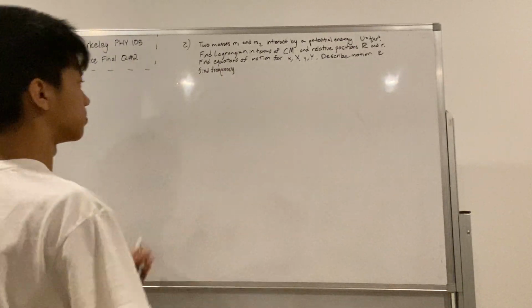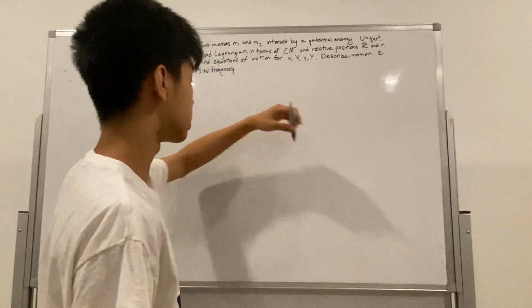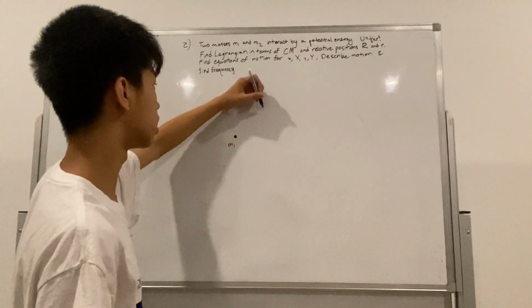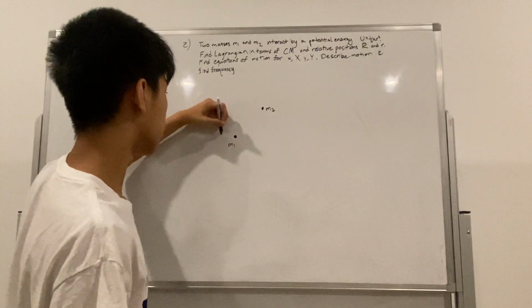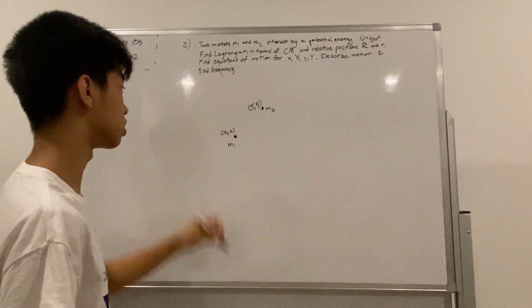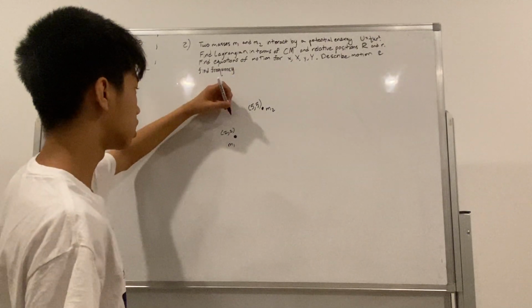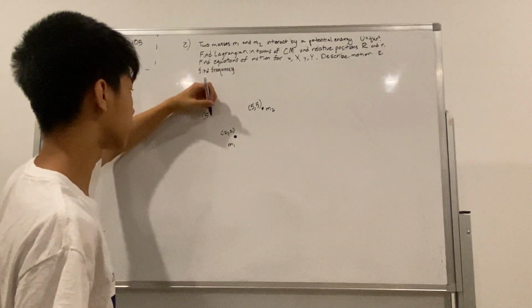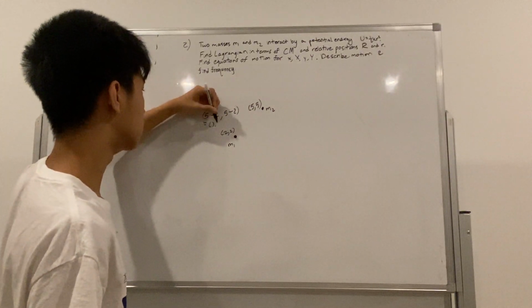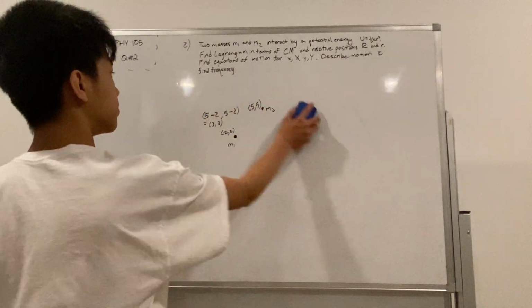And little r is the relative position. Let's say M1 is at 2, 2, and M2 is at 5, 5 in Cartesian coordinates. Then their relative position is 5 minus 2, comma 5 minus 2, or 3, 3. So that's their little r.